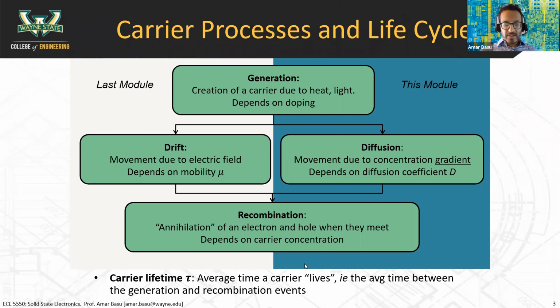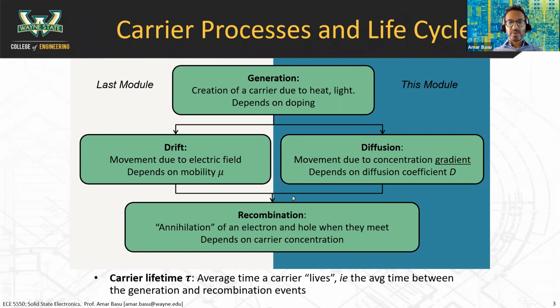That's why it depends on carrier concentration. The last point I want to make here is the carrier lifetime. The time between generation and recombination processes can be on the order of picoseconds, nanoseconds, microseconds. It's a very short amount of time is the main thing that I want to put out there.